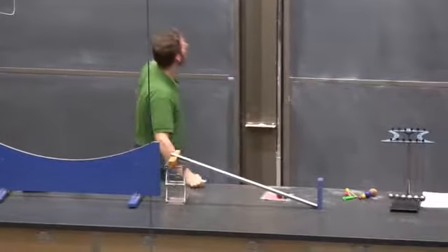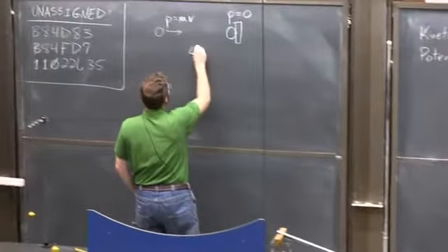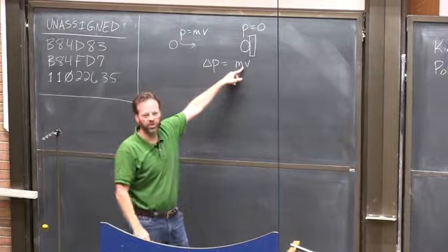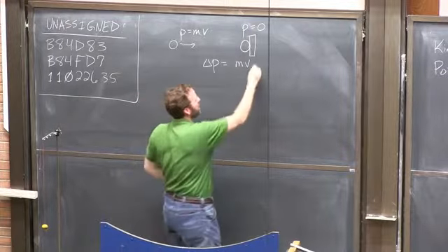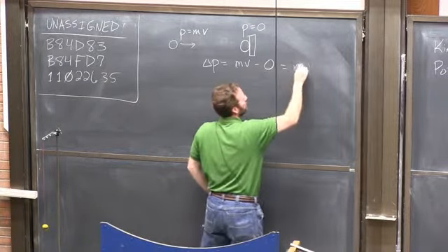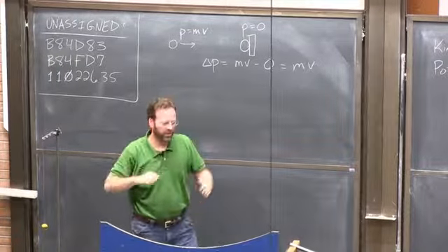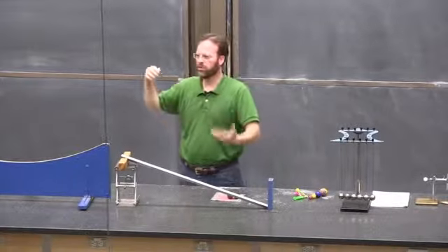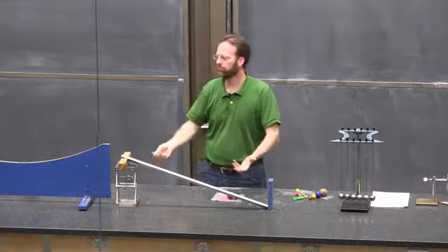And you can see that there was a change in momentum. And what was it? It's how much momentum there was to begin with, minus how much there was at the end. So each one, when they're in contact with the block, has a change of momentum of mv, the same amount.